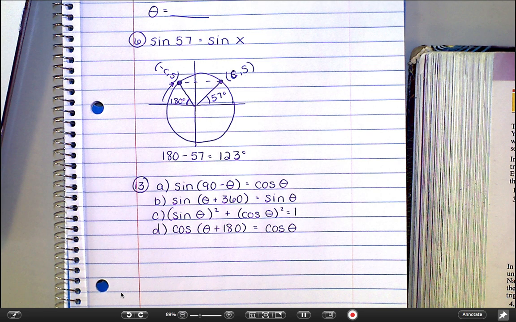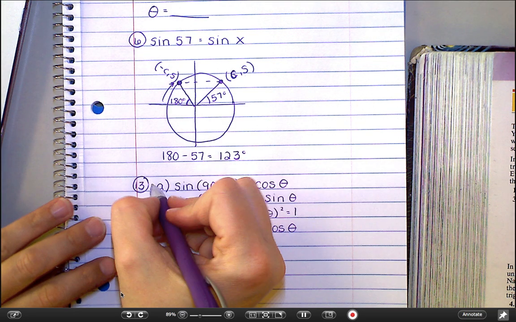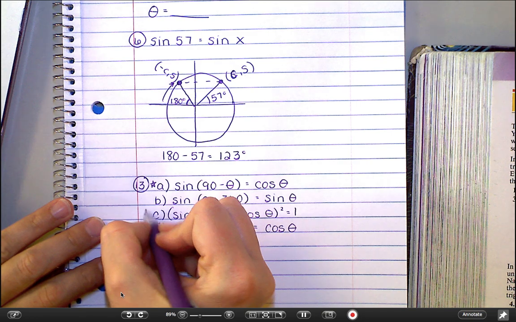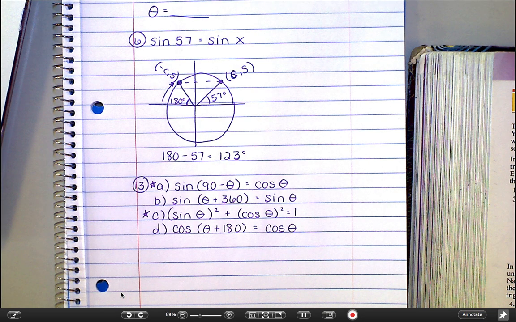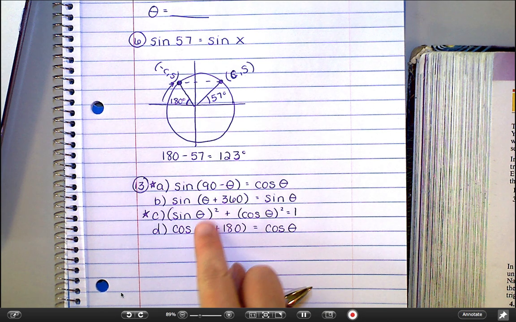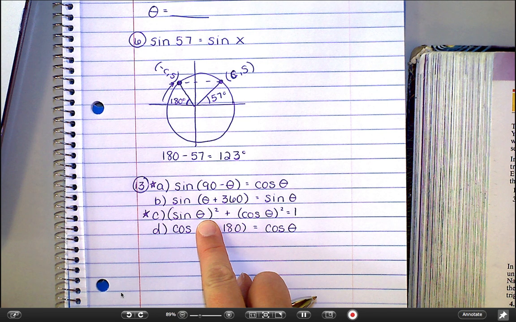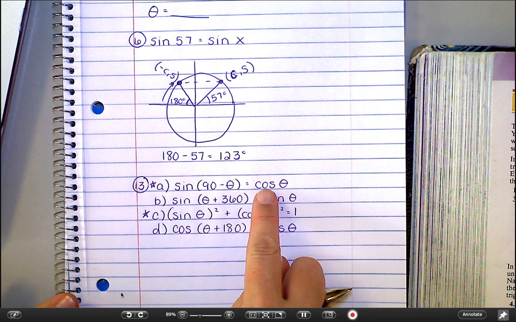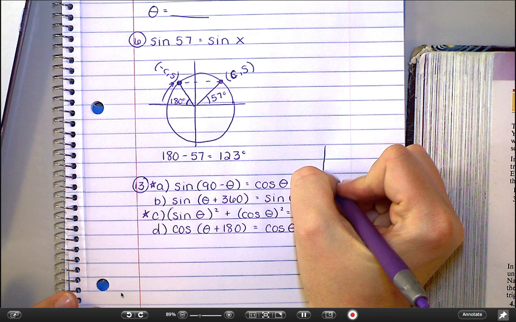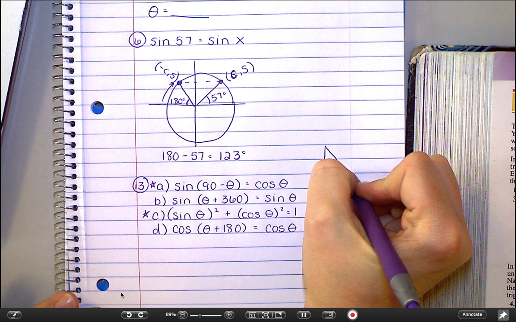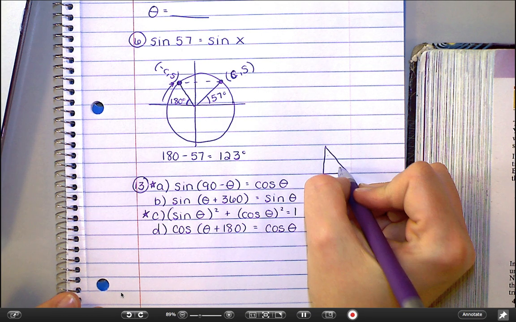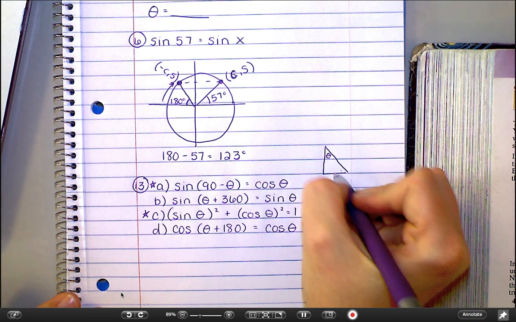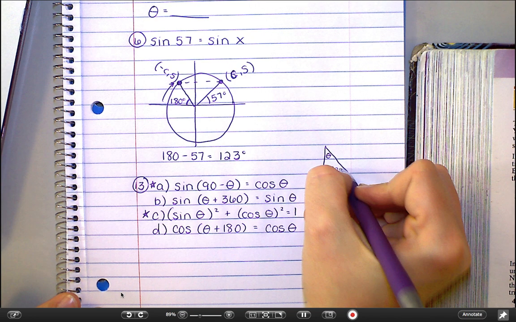So I hope that when you see A and C, you eliminate those off your list right away, because these were both properties that we learned in this chapter. This is the one where if you have a right triangle, these two angles must add up to 90. So if this up here is theta, then this angle down here would be 90 minus theta.